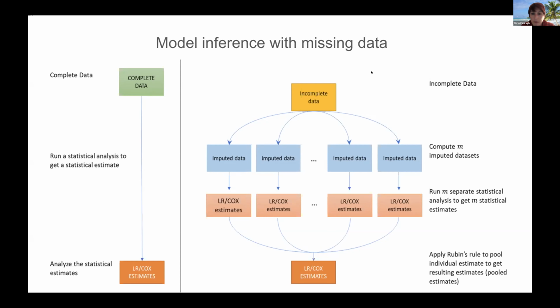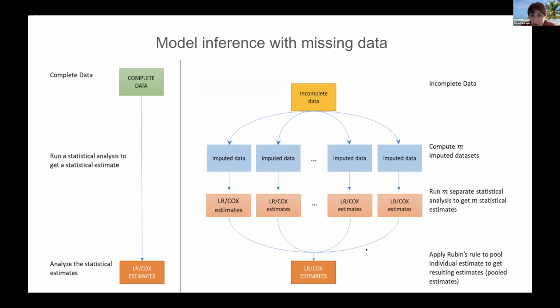We run our multiple imputation pipeline with different multiple imputation algorithms. We get several pooled estimates, one per algorithm, and then we simply compare the estimate I got with each imputation algorithm with the estimate I got from the complete data.